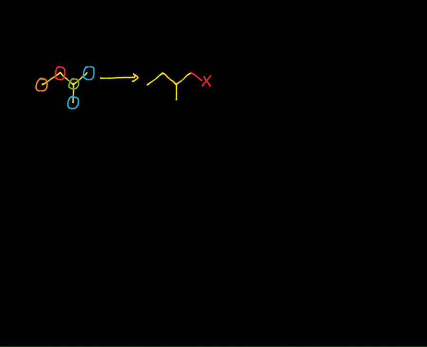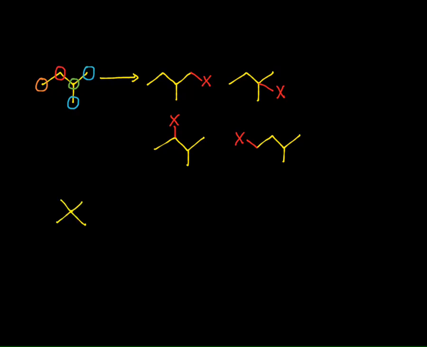I can replace one of the blue methyl hydrogens with X. I can replace the green methine hydrogen with X. I can replace one of the methylene hydrogens with X. And lastly, I can replace one of the orange methyl hydrogens with X. So I get 4 different ones here. So notice I got 3 with pentane. I get 4 with isopentane.